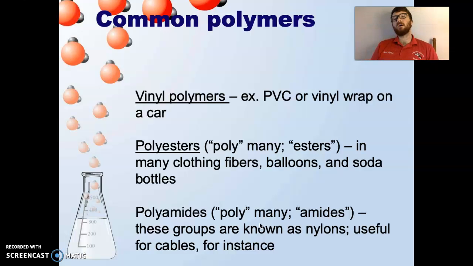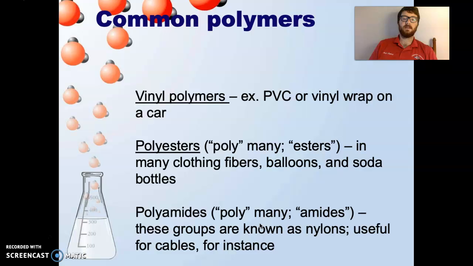Here's some common polymers, large strings of hydrocarbons. Vinyl polymers like PVC piping, or like a vinyl wrap on a car. I never really liked the whole wrap on a car, but anyway, these are vinyl polymers. Polyesters are polymers made up of many esters.